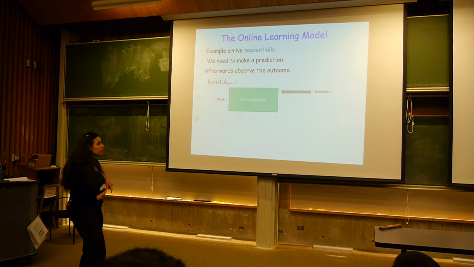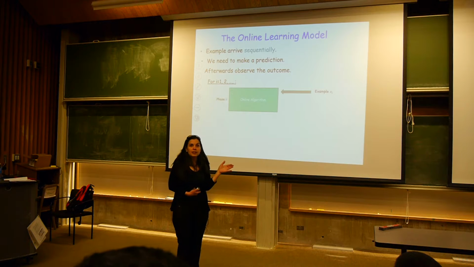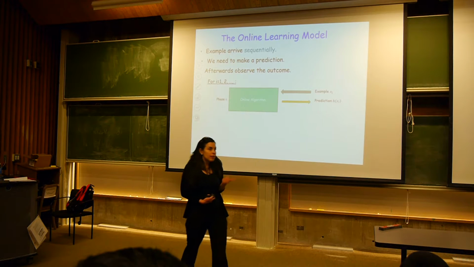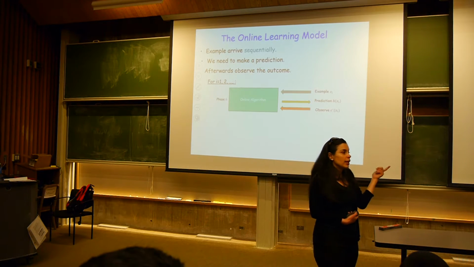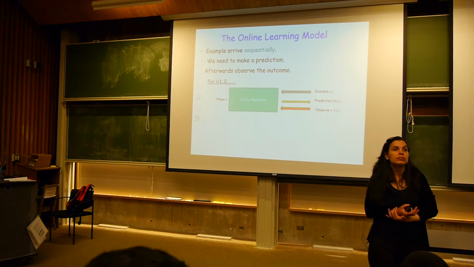In phase i, first an example xi appears, an email for example. I must make a prediction immediately. And then I'm told the true label of that example, and I can use that information to update the internal state of the algorithm.